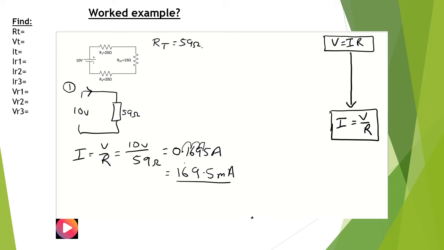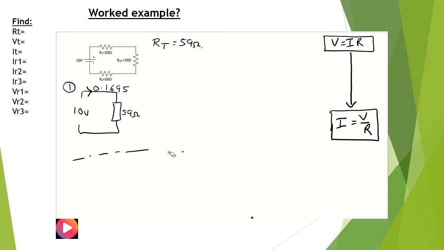Either of those two answers is correct. You can see why you need a larger piece of paper, but there we go.